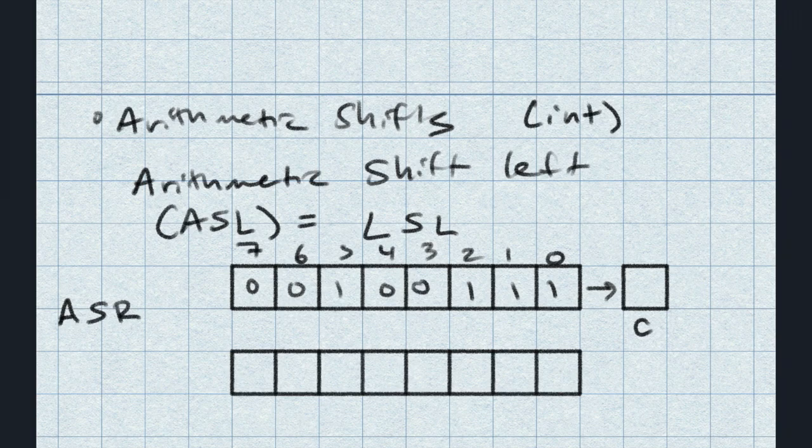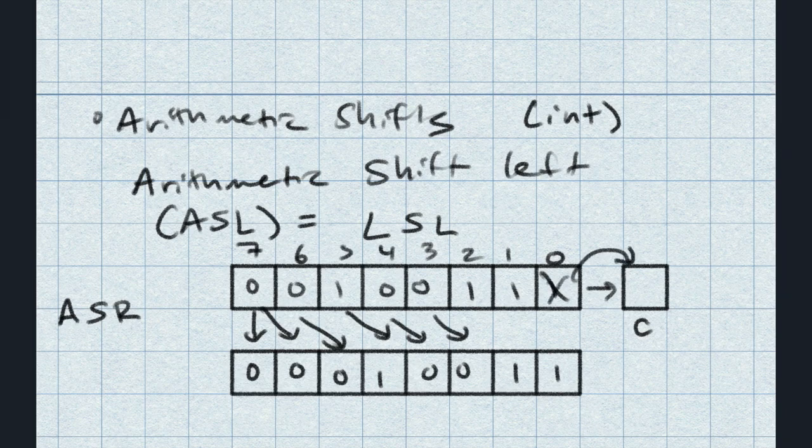So instead of pulling in a 0 from out on the left, we're actually going to take whatever the number was above it and just preserve that number. So if it was a 1, it would be a 1. If it were a 0, it would be 0. Everything else then, including that, we are going to shift over by 1. And that last one goes away and into the carry.